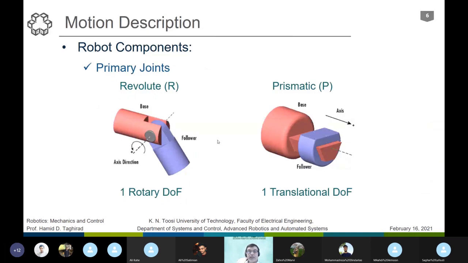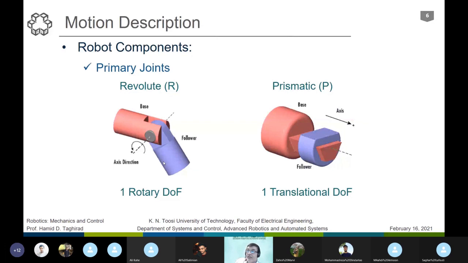Regarding the joints, we have 2 types of joints. The first are primary joints, the basic joints, and the most important ones in terms of analysis. These joints provide the connecting links with only 1 degree of freedom.